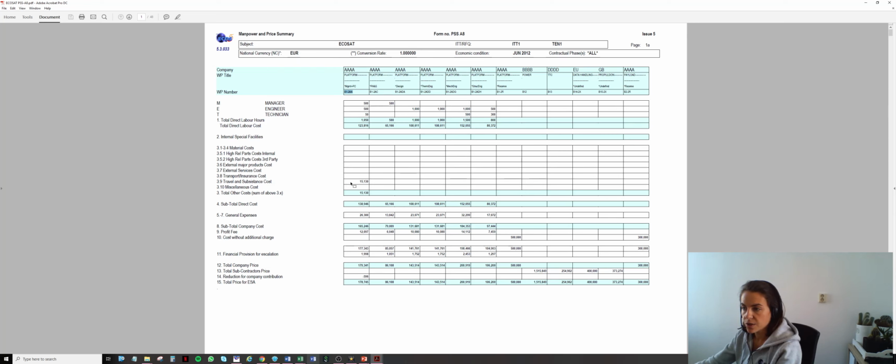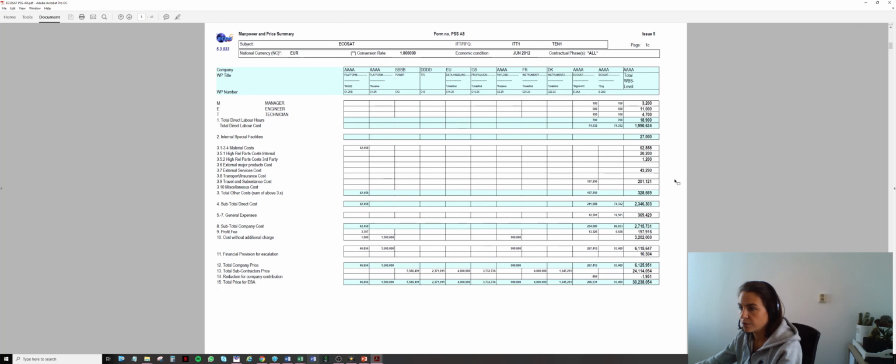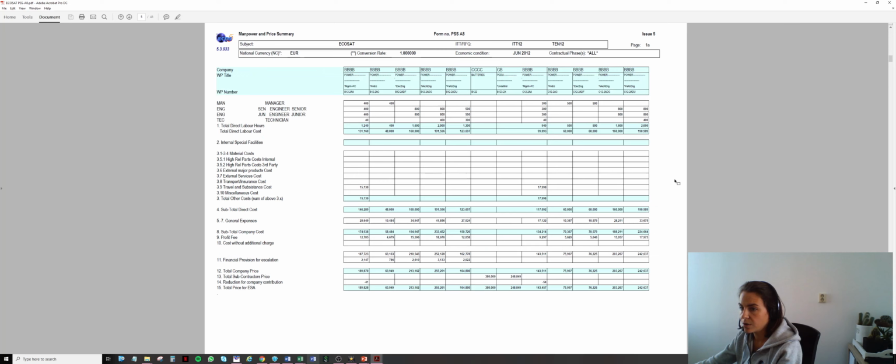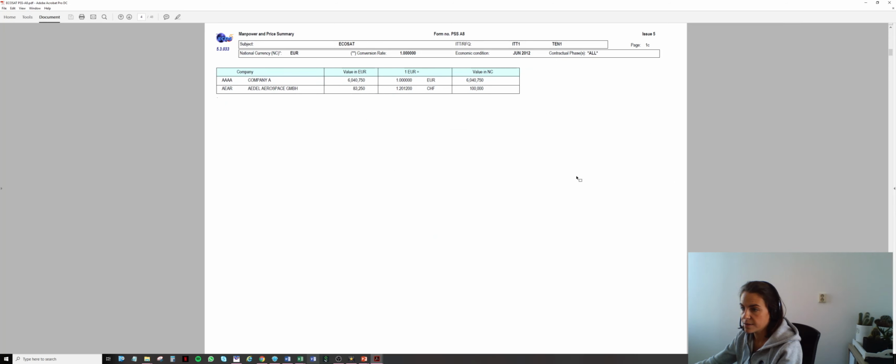And for each of these work packages, I have a split for my labor hours and costs, facilities, other direct costs, etc. So this is now taking into account all companies. So this one here, you see, was company A and EADR, and then I can keep going.